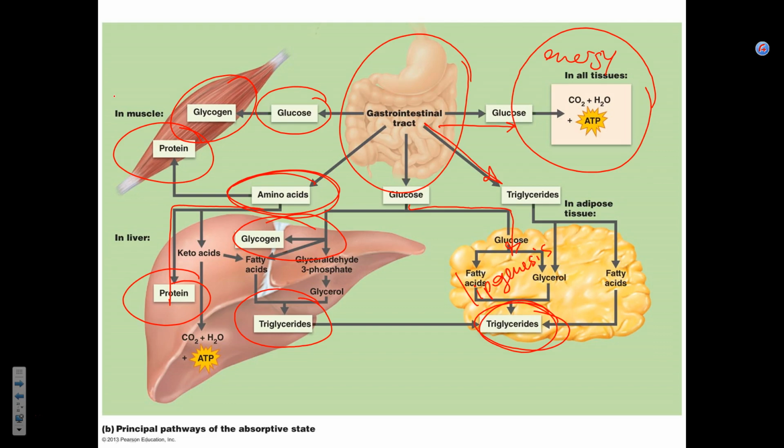But the majority of triglycerides will be stored if glucose is abundant, and the majority of amino acids will be used for protein synthesis. Am I clear? I'm talking about the situation when you have a lot of everything. A lot of glucose, a lot of amino acids, a lot of triglycerides. We good? Glycogen, where is it synthesized the most? Which two tissues? Skeletal muscle and liver. Yes. Those are main glycogen storage facilities.